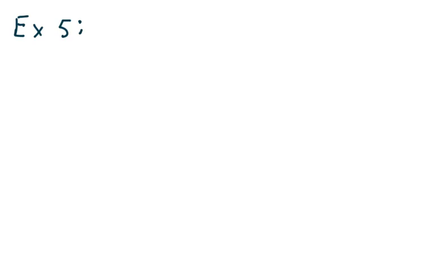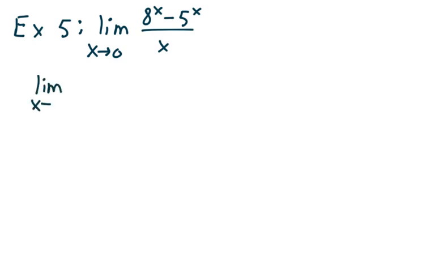So we're going to take a look at the limit as x goes to 0 of 8 to the x minus 5 to the x divided by x. Now, if we look at the limit as x goes to 0 of the numerator, that's 0.